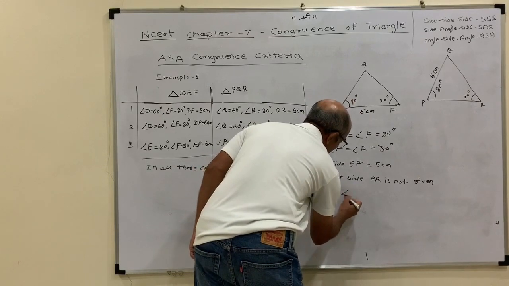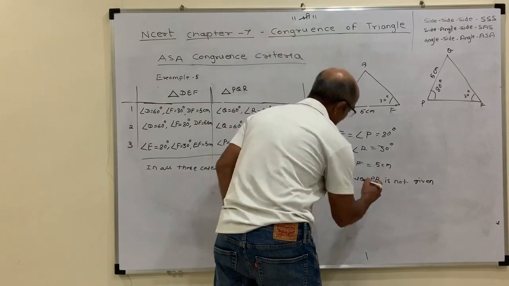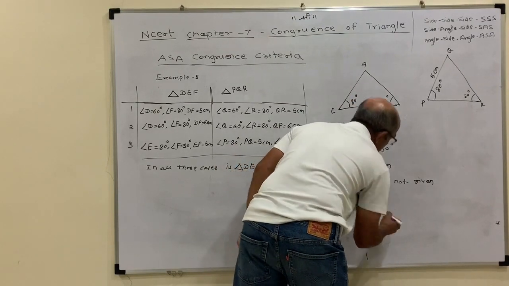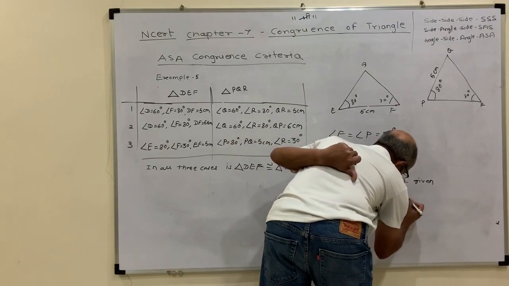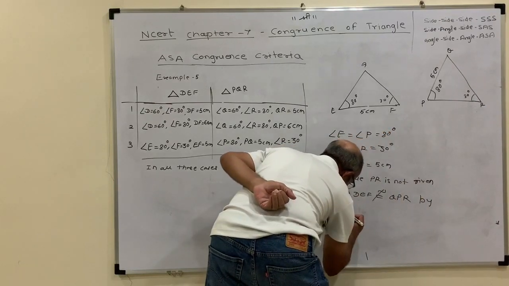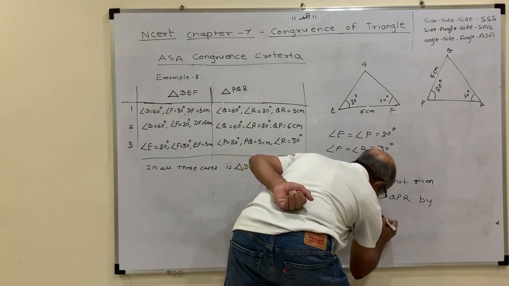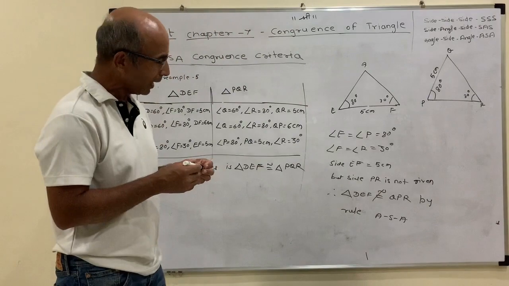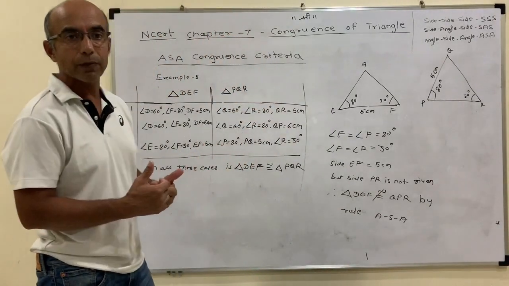Therefore, triangle DEF is not congruent to triangle QPR by the rule angle side angle.